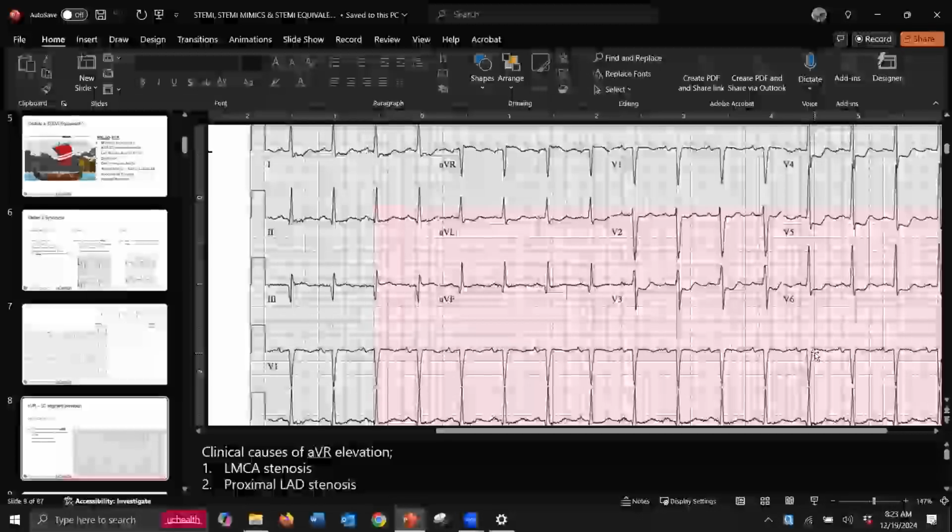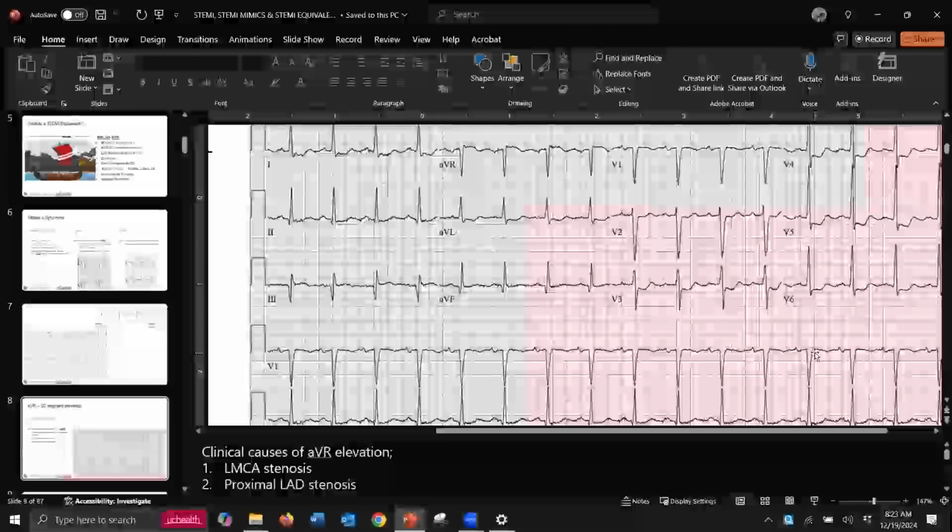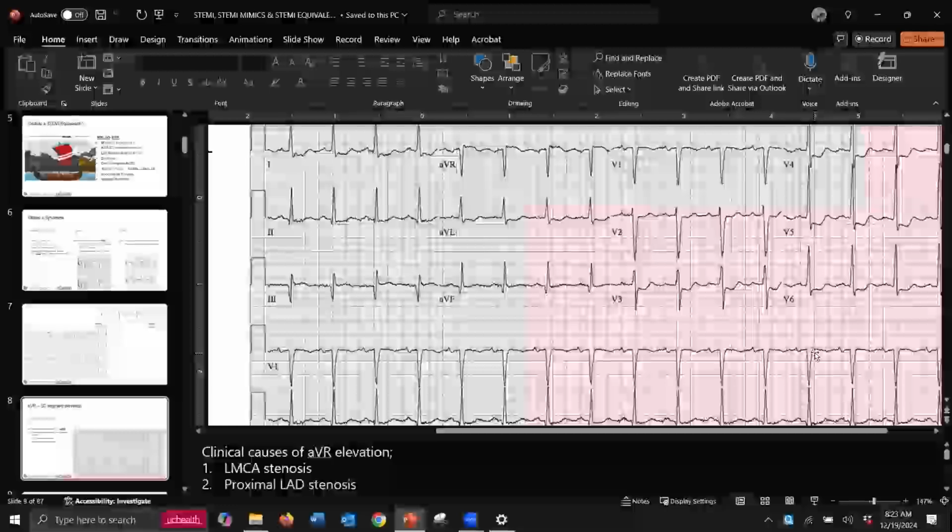However, I just said that this is associated with a left main coronary artery occlusion. Oh God. Do we have reciprocation in this? Absolutely, all over the place, right? It's not true reciprocation, it's ischemia in V2 through V6. It's reciprocal in AVL.